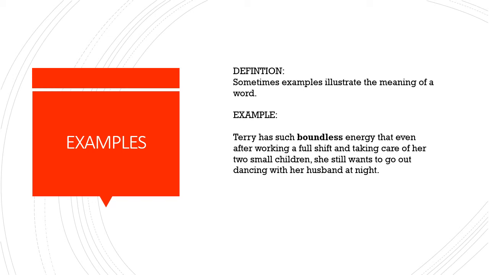So these examples of things that Terry does tell me that the word boundless has to do with never ending. So she had this never ending energy, sort of like that Energizer Bunny commercial that we see all the time. And so in this particular type of context clue, the author will give you examples as hints to help you define the unknown word.